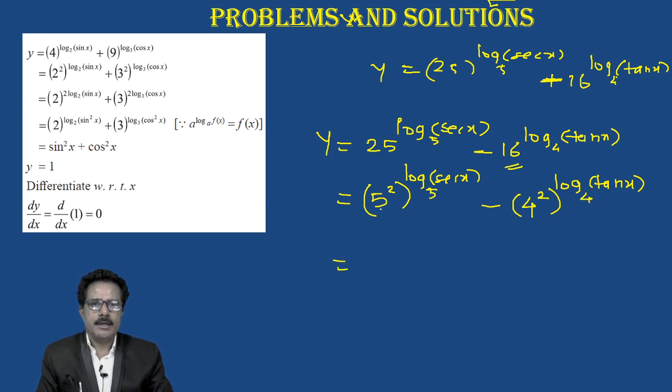Now, a raised to m, bracket raised to n, we can write as a raised to mn.